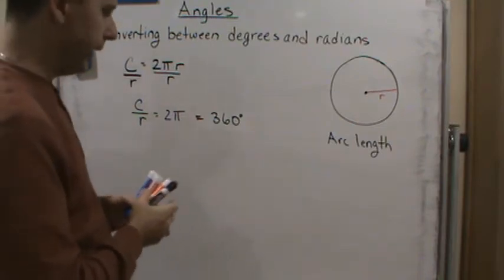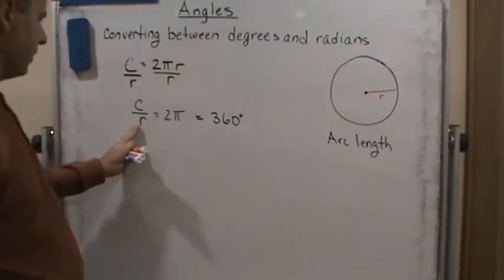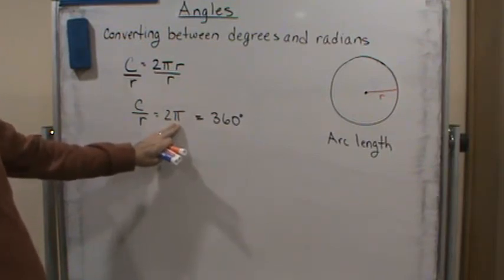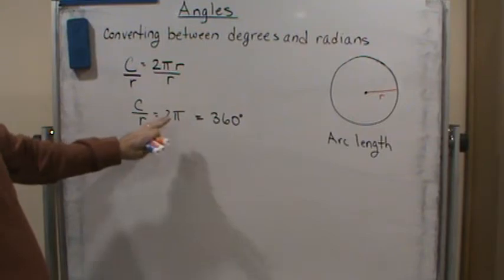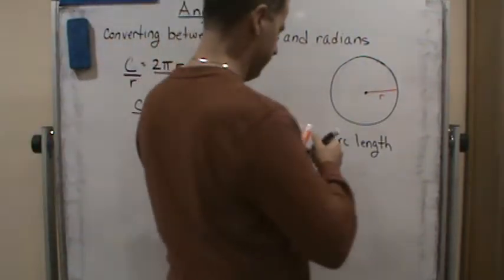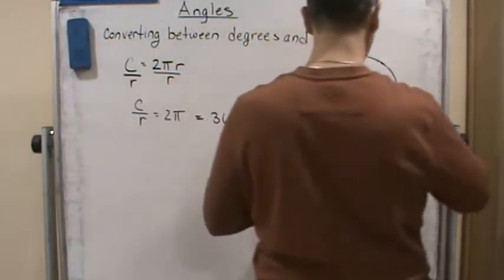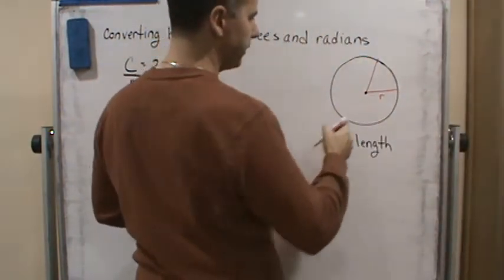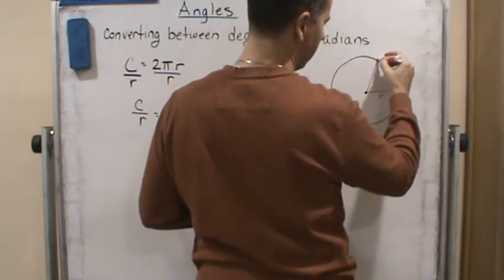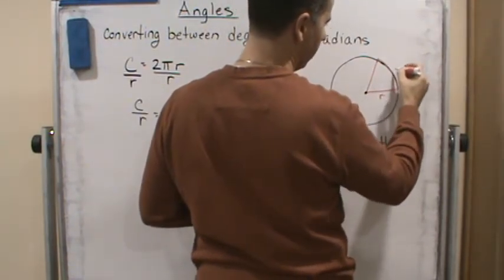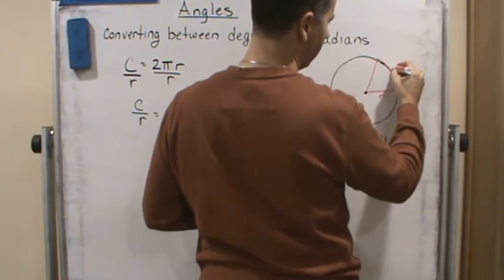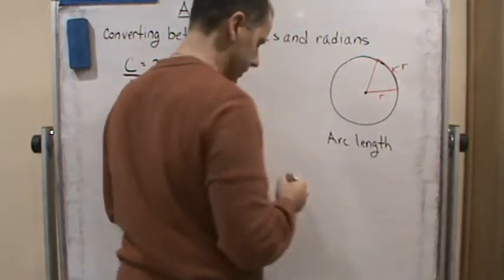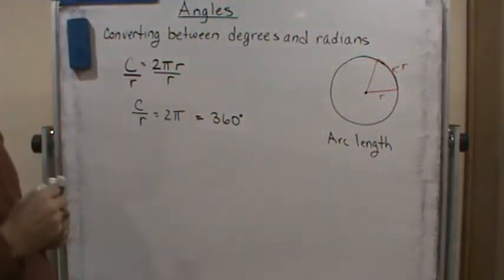So how do we define a radian? Based on this, the full circle is 2 pi radians. So what is a radian? It's the arc length such that the measure of this arc length is equal to the radius.